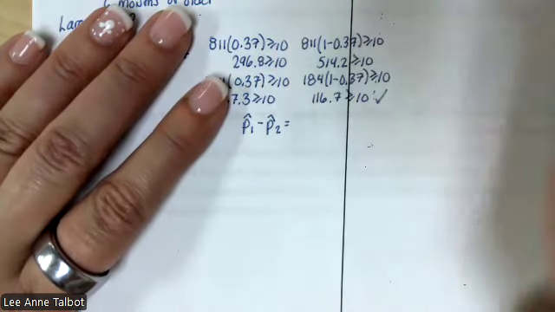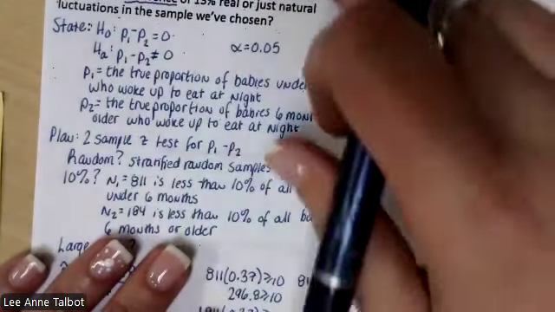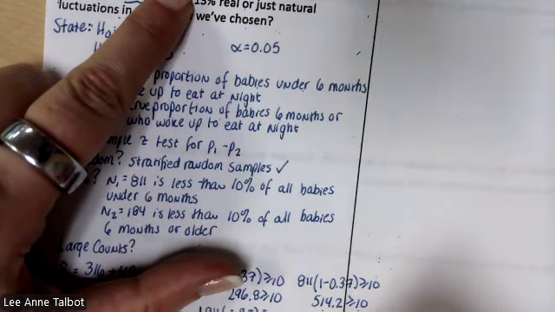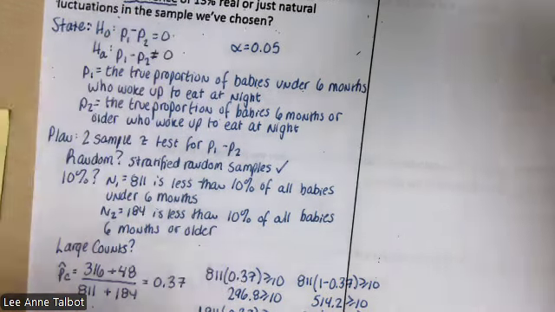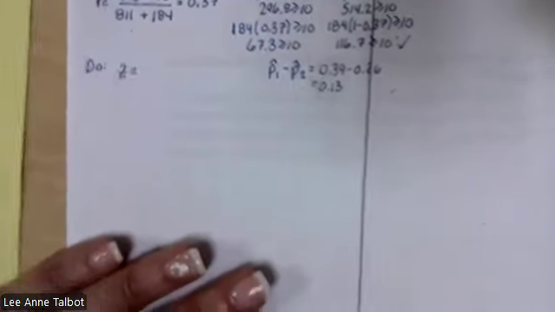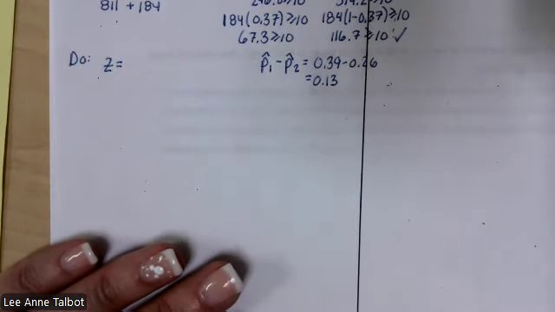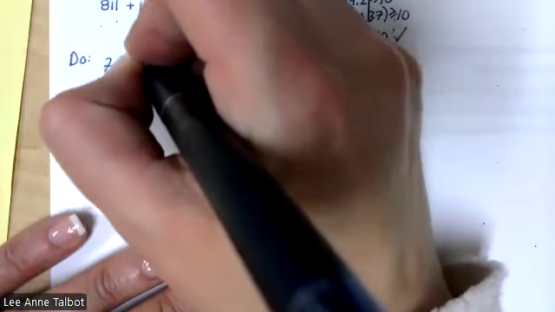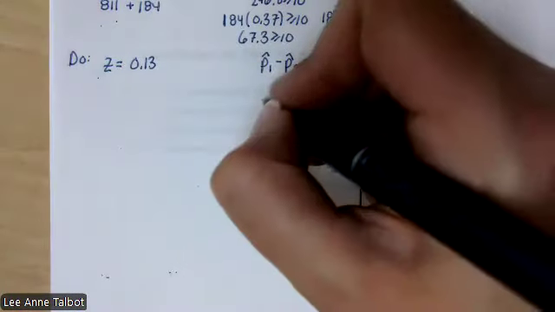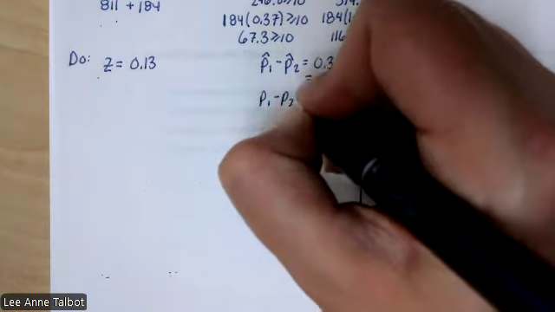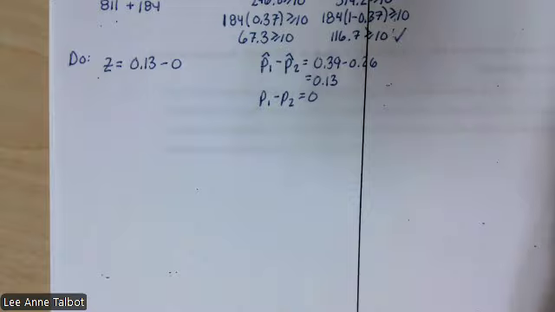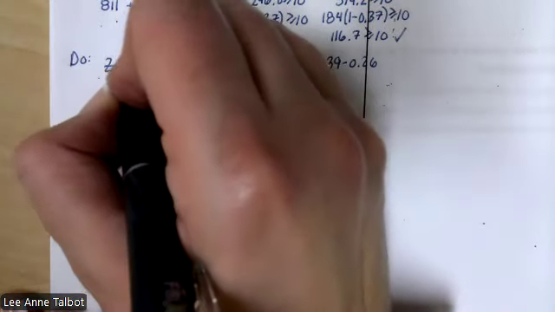Didn't they just give me percentages up there? 39 minus 26. Okay, so that's the statistic, 0.13. The parameter is P1 minus P2, which is always 0, because that's what's in the null hypothesis.